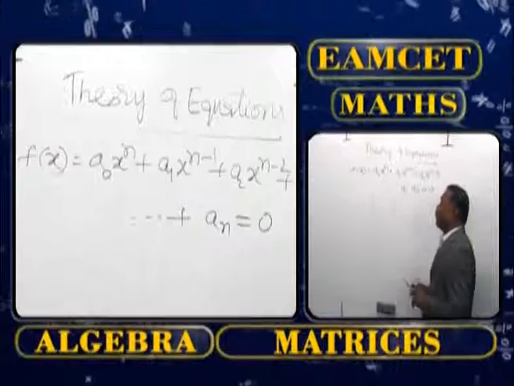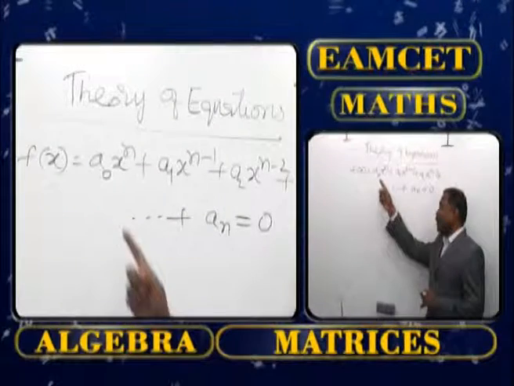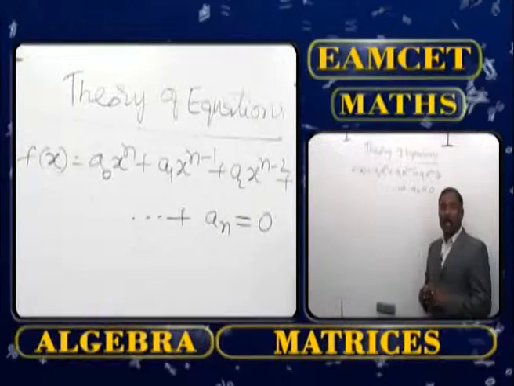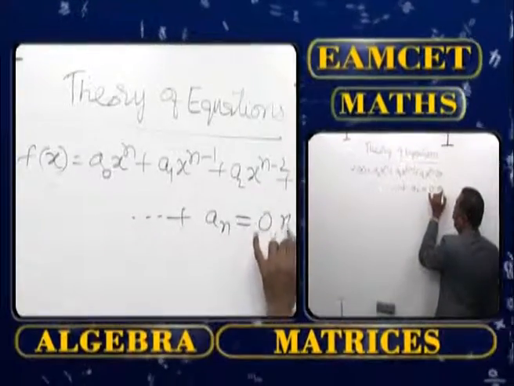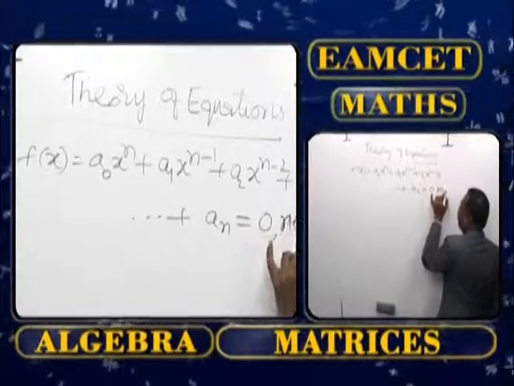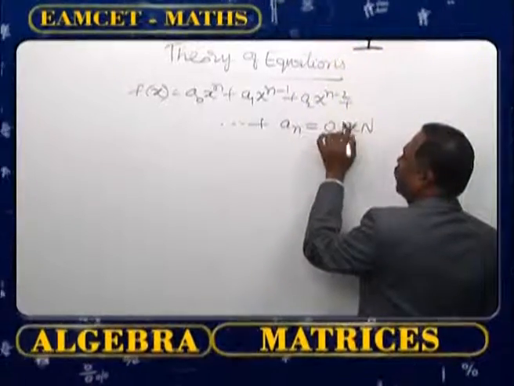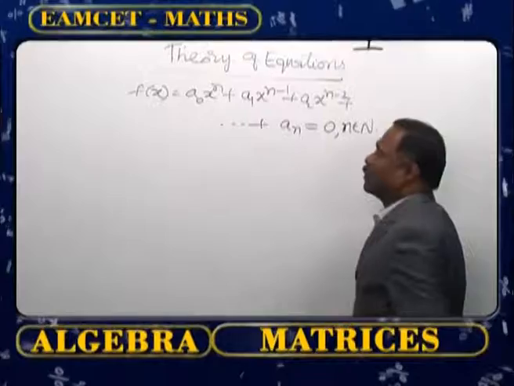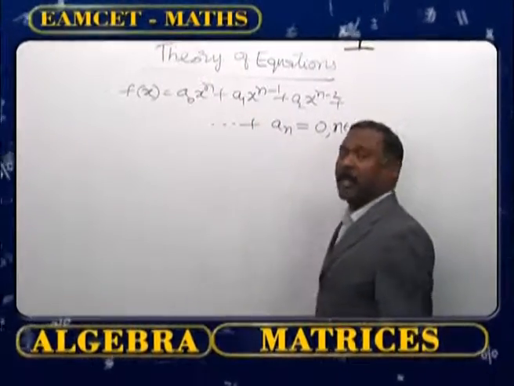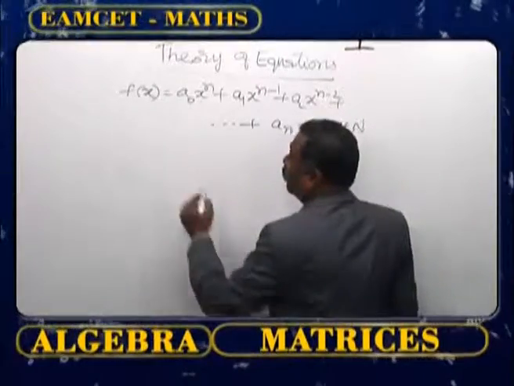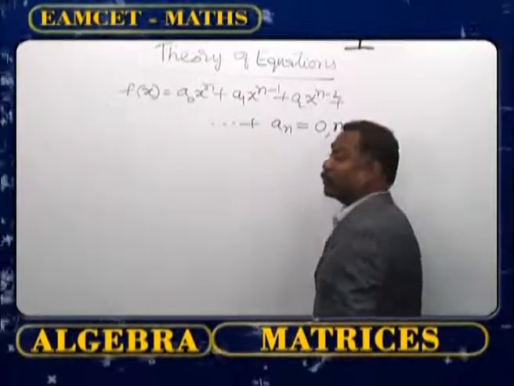So if the power of x is n, and n is any natural number, n belongs to N, then how many roots does this nth degree polynomial have? How many real roots does an nth degree polynomial equation have?